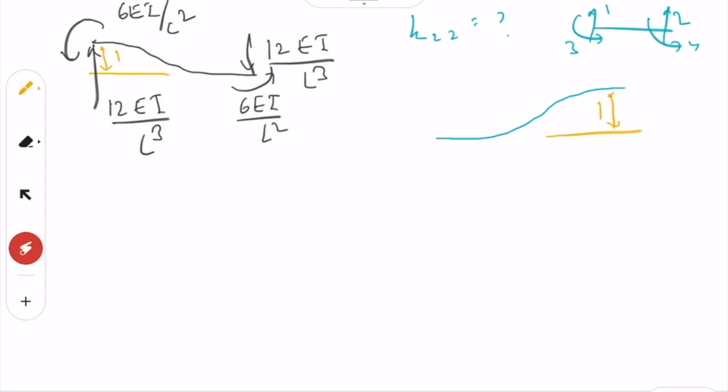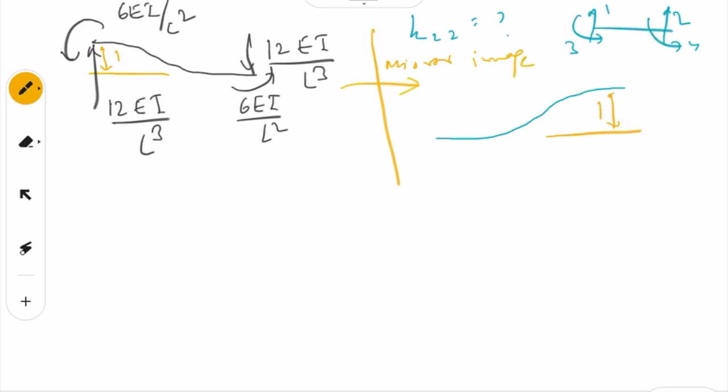So what you see here is just the mirror image of this. So this is exactly mirror from here, it goes like this. So it's a mirror image. Right.